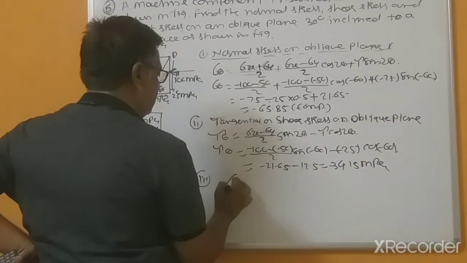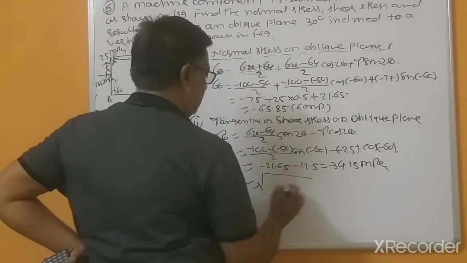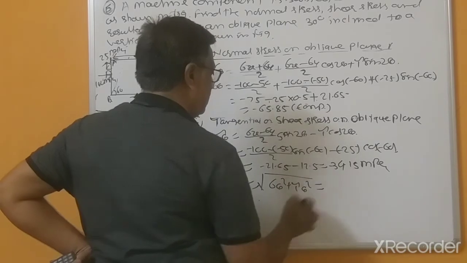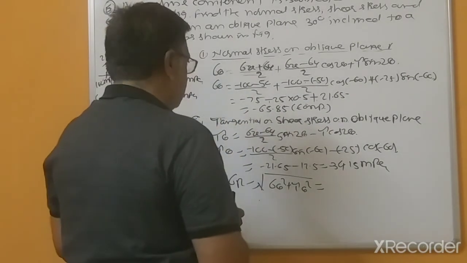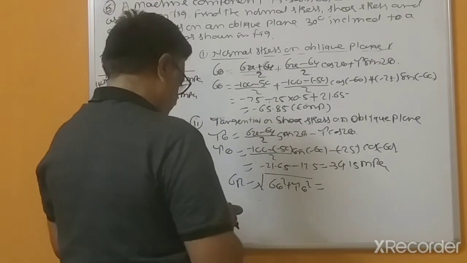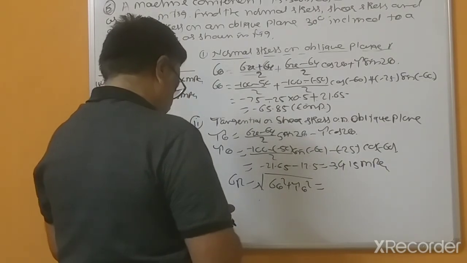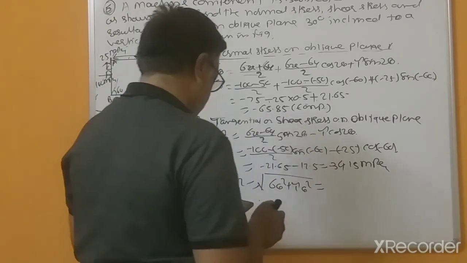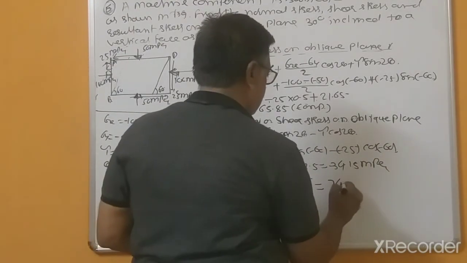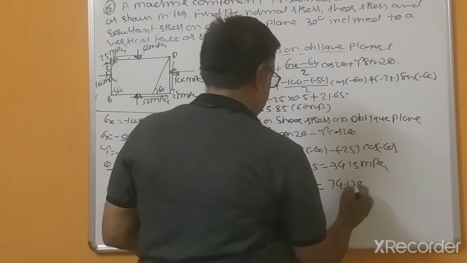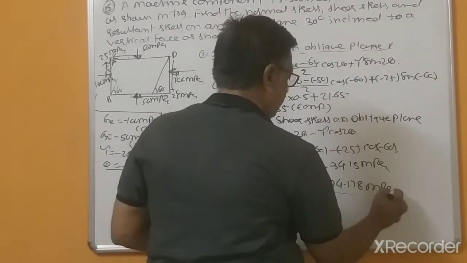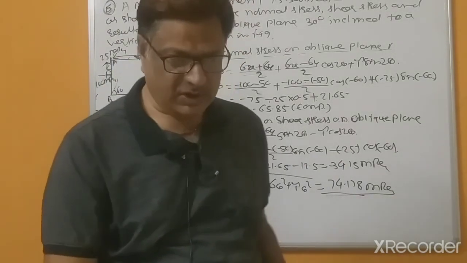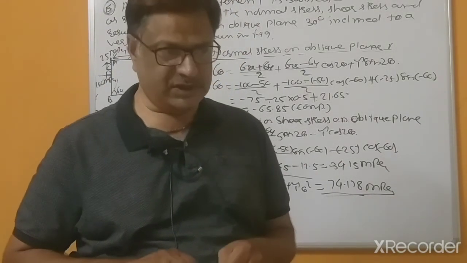And the third part is the resultant stress equal to sigma theta plus tau theta squared, which is 74.178. This is positive.